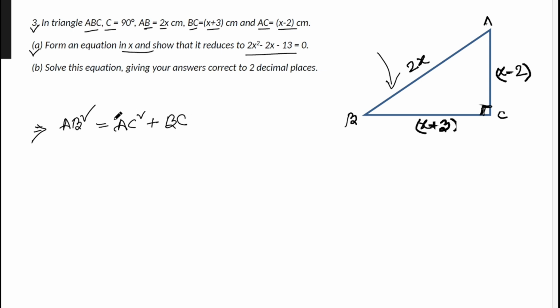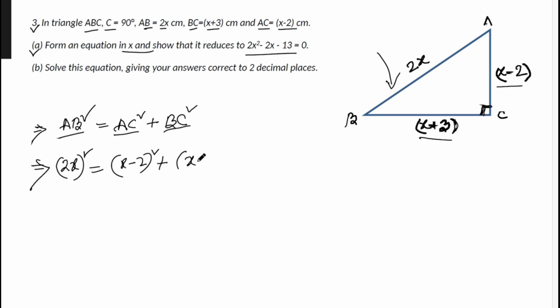This is the theorem of Pythagoras. So here if we put the value of AB, we will get 2x whole square is equal to the value of AC, which is x minus 2, so x minus 2 whole square, plus we have the value of BC, that is x plus 3, so x plus 3 whole square.